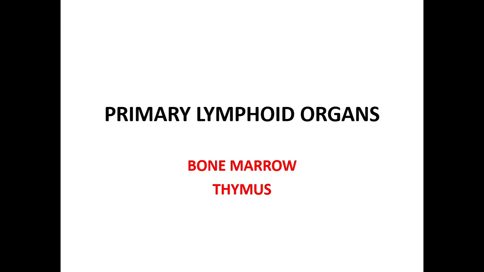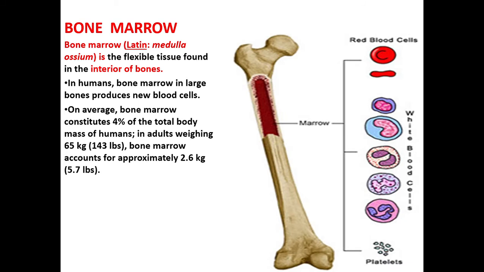Let us take up first the primary lymphoid organs. We have the bone marrow and the thymus. The bone marrow or medulla osseum is the flexible tissue found in the interior of bones. In humans, bone marrow in large bone produces new blood cells.